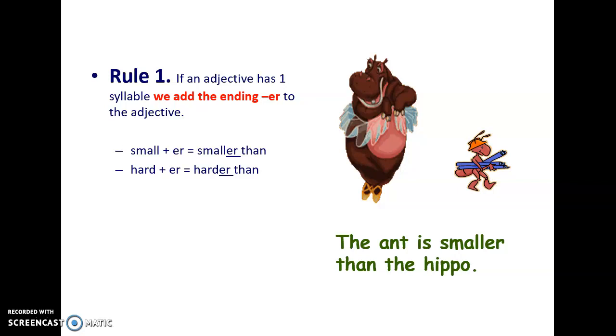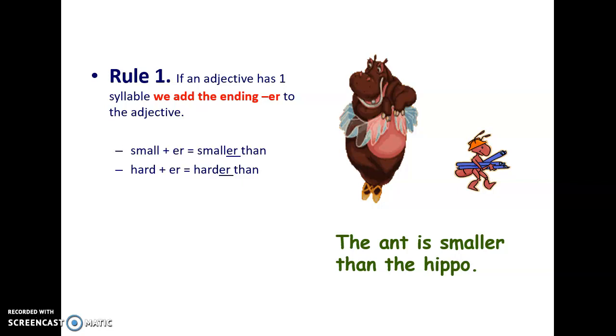If you have small, it means pequeño. If you have smaller than, you are going to have más pequeño que. Okay, in the example that you have here, it says the ant is smaller than the hippo. What are we saying here? Que la hormiga es más pequeña que el hipopótamo. Okay, and remember that this only works with short adjectives.